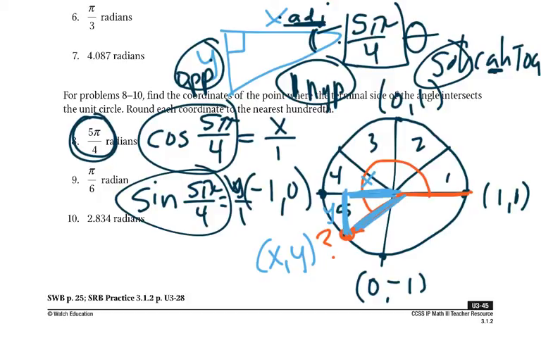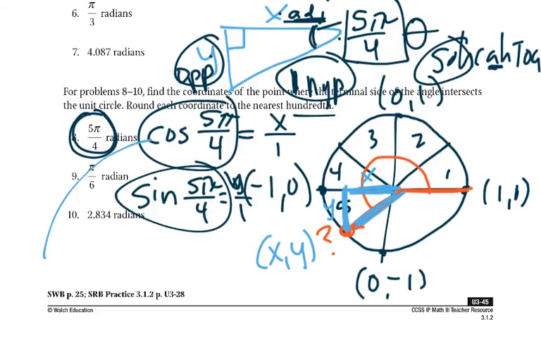So let's get a calculator out and see what they are. It says round to the nearest hundredth, so that's 2 places. For the cosine, we get negative 0.707, which rounded to the nearest hundredth would be, for the x value here, negative 0.71. Then we do it for the y value.